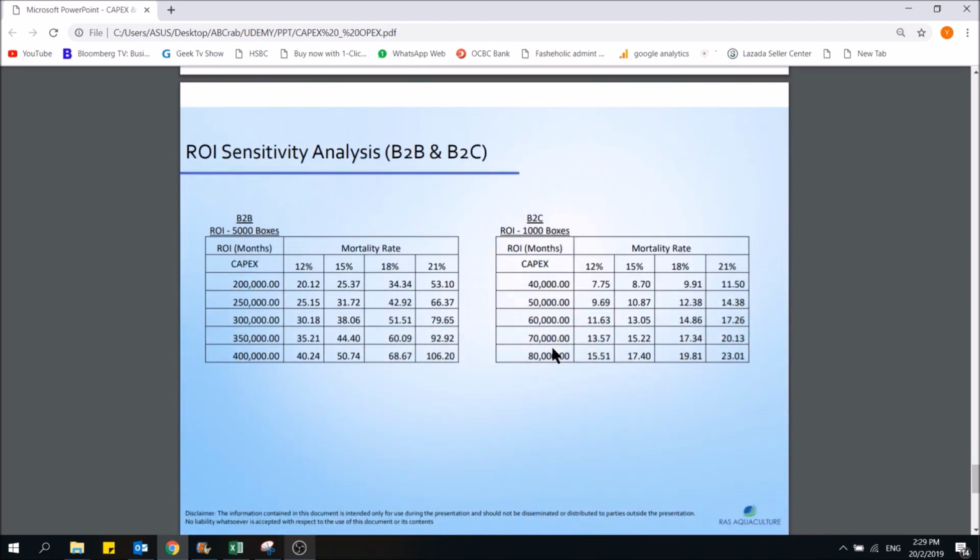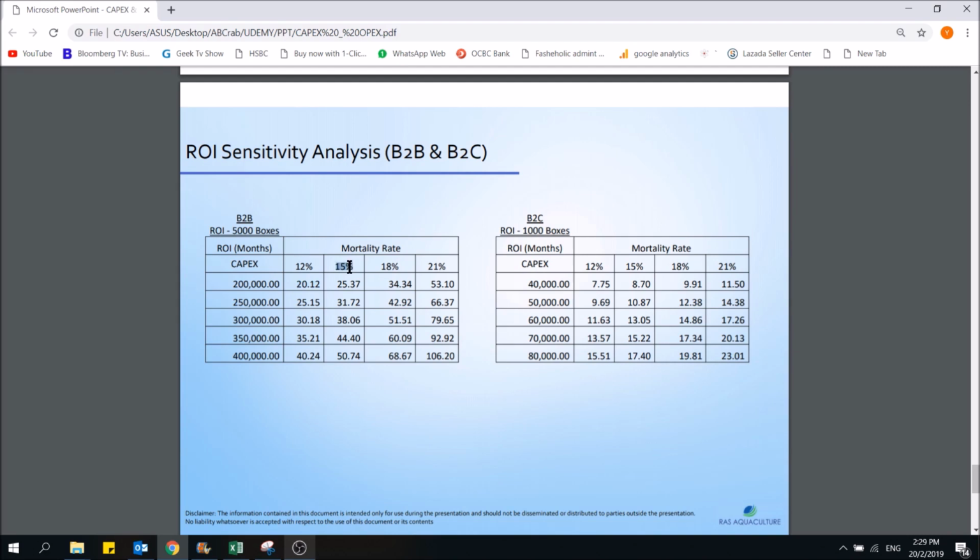So this is just two analyses, or what we call a sensitivity analysis, between B2B and B2C. So assuming that you have 5,000 boxes, right, you're running at scale and you spend 200,000 on 5,000 boxes, meaning you're spending 40,000 for each 1,000 boxes, and you have a mortality rate of 12%. So you can see that you break even in about 20 months.